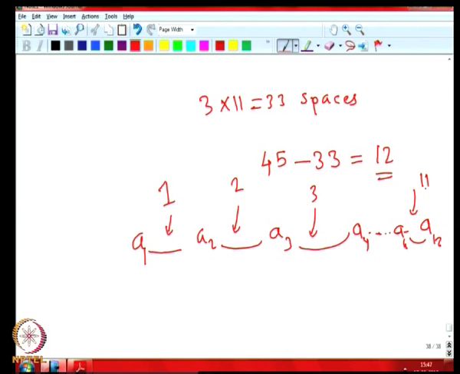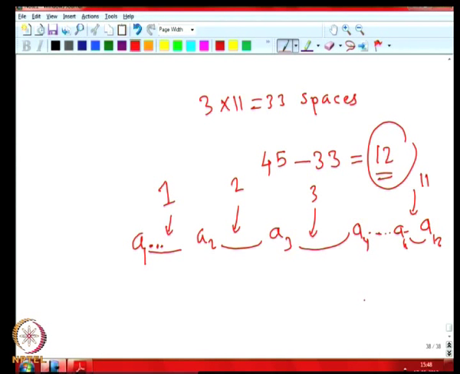There are 11 boxes, and in each box we can put either 0 or 1 or, even if necessary, all of these 12 spaces, because 3 we have already given, and on top of that all 12 can be placed in the same gap, or 1 can be placed, or 0, or any number out of these 12.